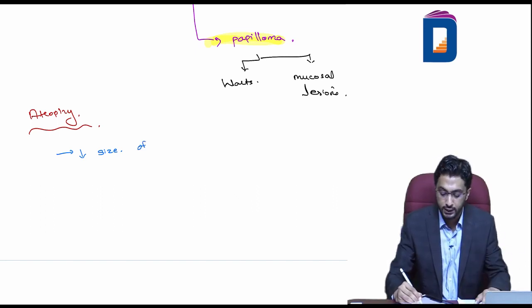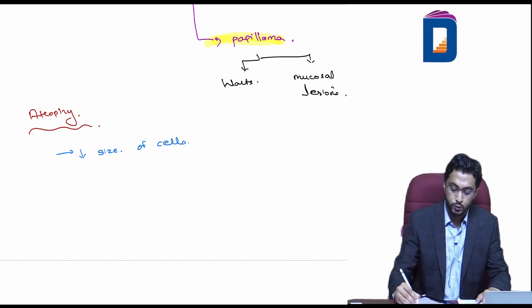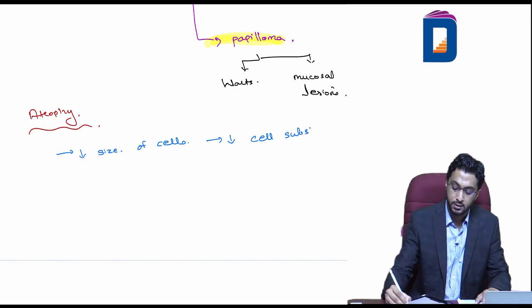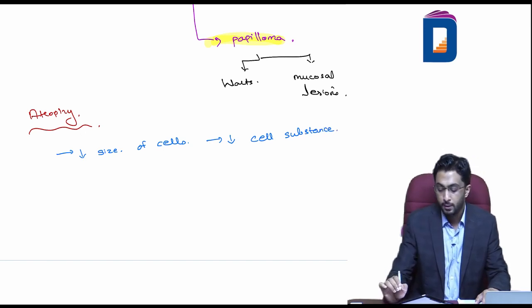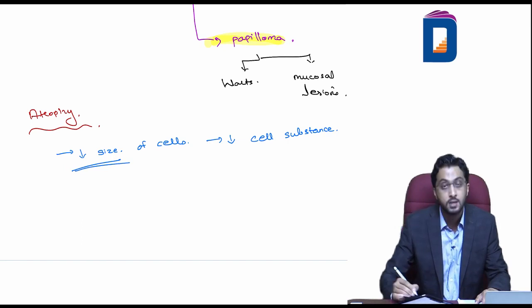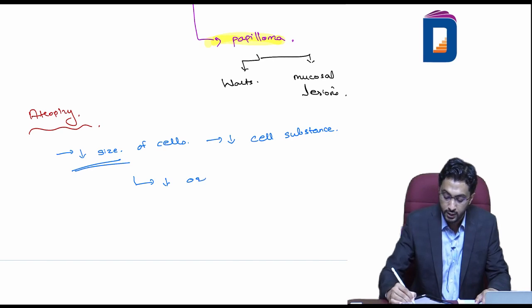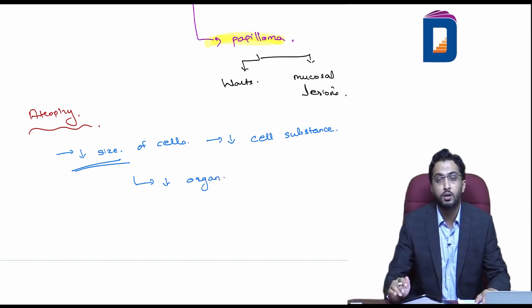Atrophy is decrease in size of cells due to decrease in cell substances. Certain cellular substances, whether it's nutrients or whatever, there is a decrease in size of the cell, which can lead to decrease in size of the organ. And a very important thing, when we study apoptosis, there also we'll see that there is decrease in size of cell in apoptosis also.